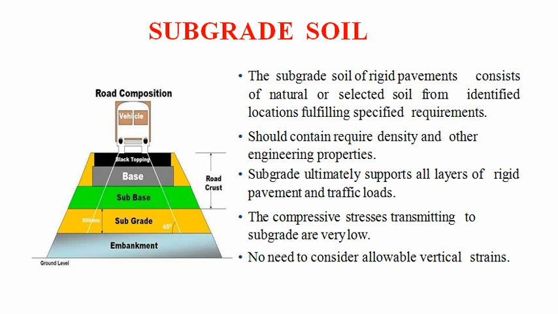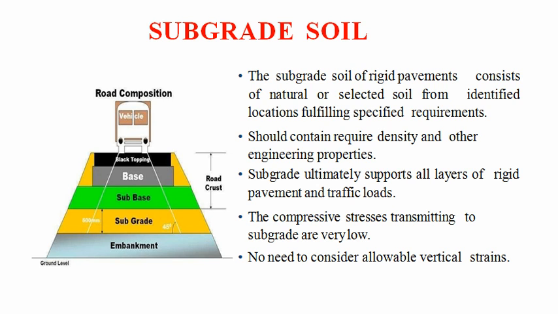Now the subgrade soil. The subgrade soil of the rigid pavement consists of the natural or selected soil from identified locations which fulfill the specified or standardized requirements as per the design of the rigid pavement. This soil should have the required density and sufficient engineering properties.